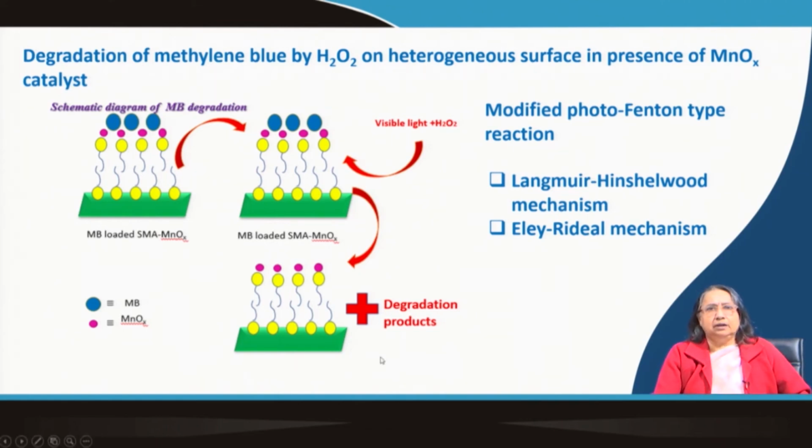And also, from the mechanism, I have already discussed the mechanism. Once you want to know the mechanism, you have to isolate intermediates or products, and only then can you speculate the mechanism. Here it is observed that there are many products where OH dot is attached to the substrate. That means this reaction is going via OH dot generation and attack.